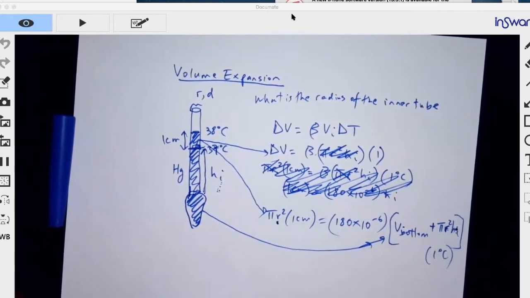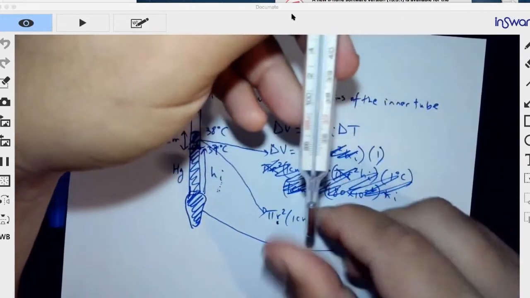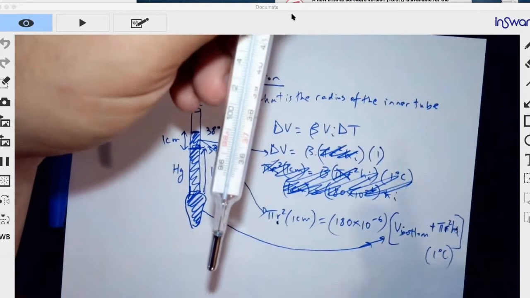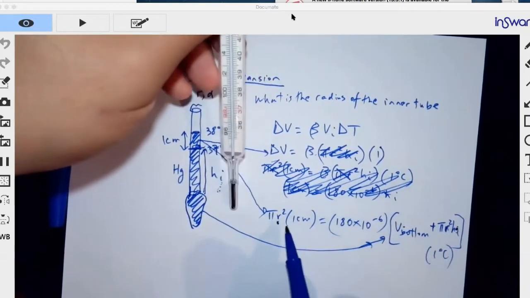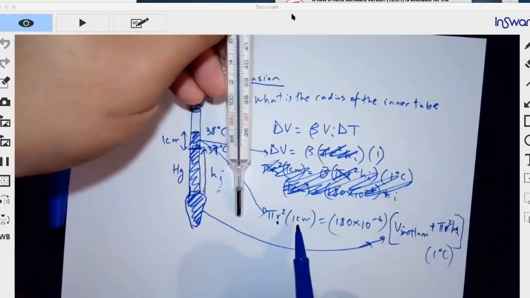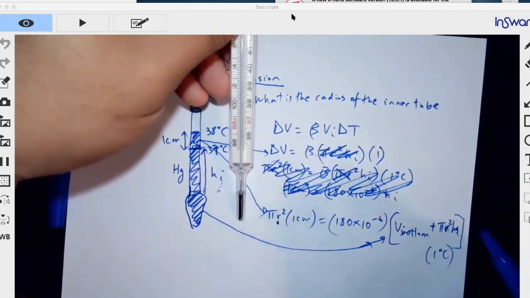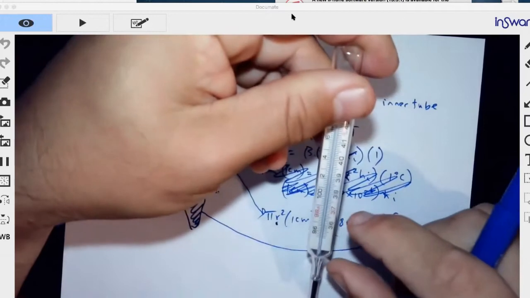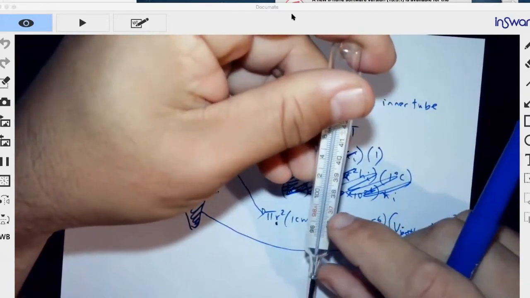So in order for us to calculate that, we could measure the distance between every Celsius. So we could measure the distance from here to all the way to here.